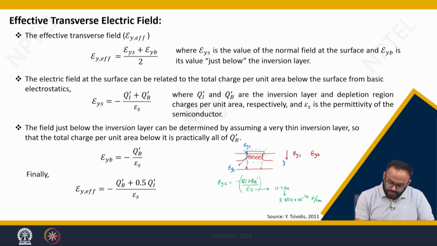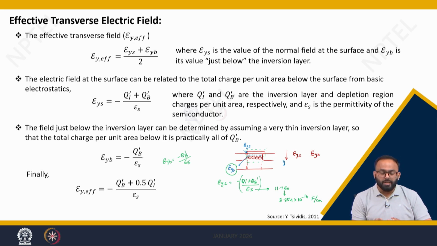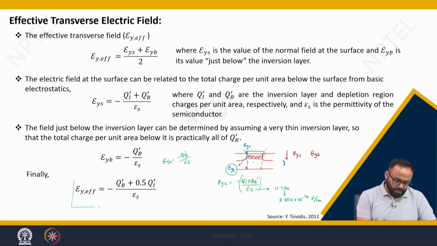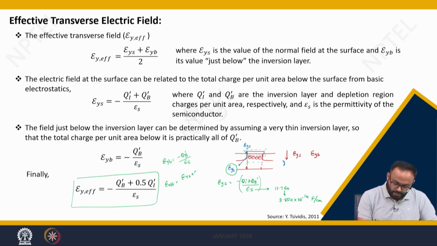Now, what is EYB? In the Gaussian surface, it will only consider the bulk charge, and hence EYB can be defined as minus of QB' divided by epsilon s. Now, a simple formula for E effective is just to take a mean, or average out these fields. So E effective can be defined as EYS plus EYB divided by 2.